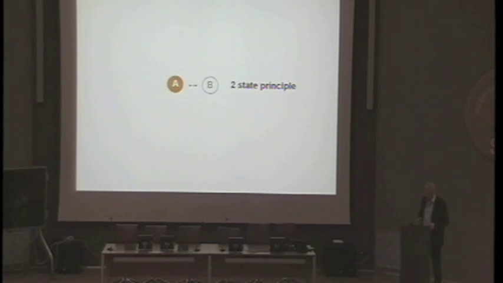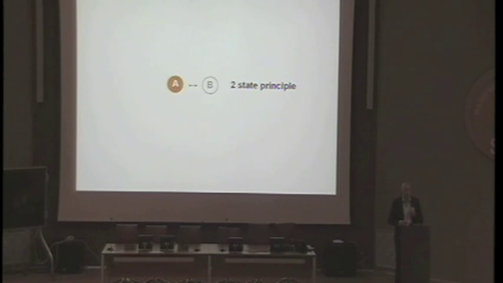And this on-off principle is in fact a principle of two states. What we do is we transiently get the molecules in two different states, and because they are in two different states, we can separate them.